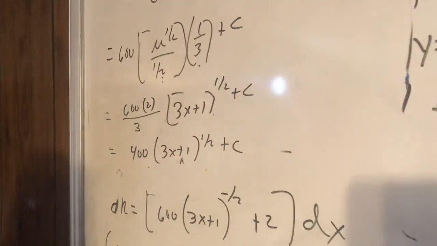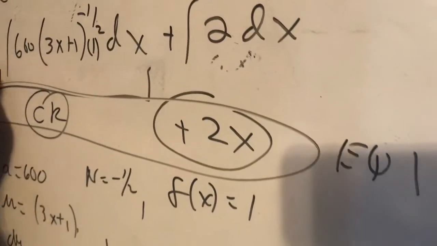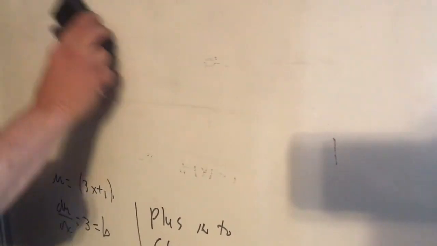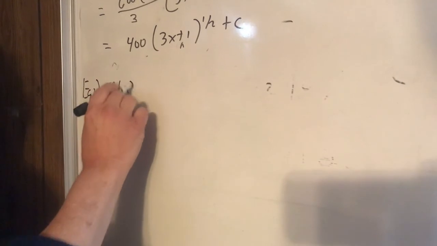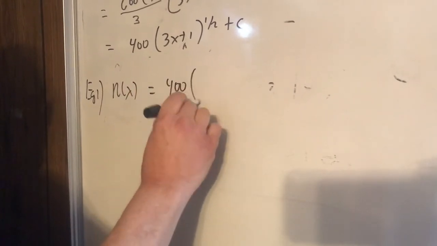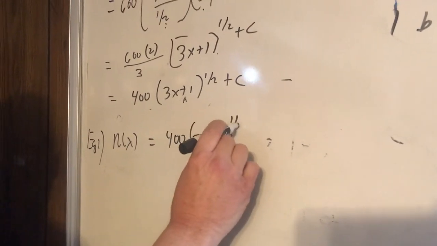Now I have to substitute in equation 1. So let's go back to equation 1. I'll rewrite that here. So equation 1 was R of x equal this, 400 times (3x plus 1) to the 1/2.